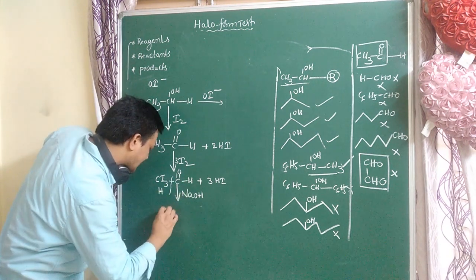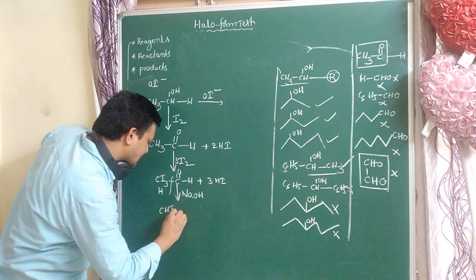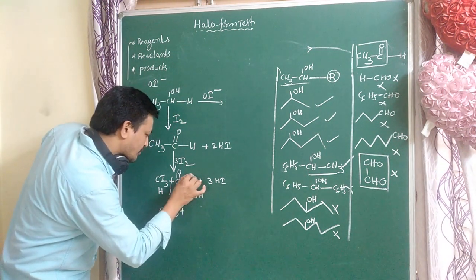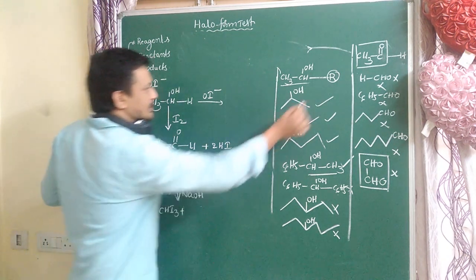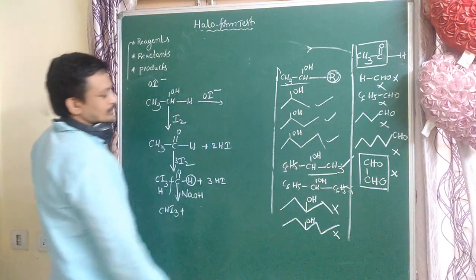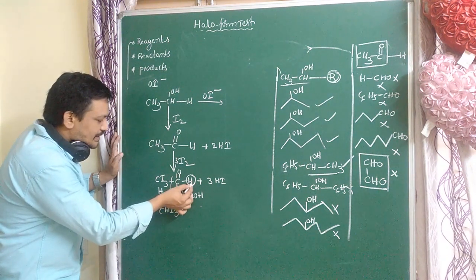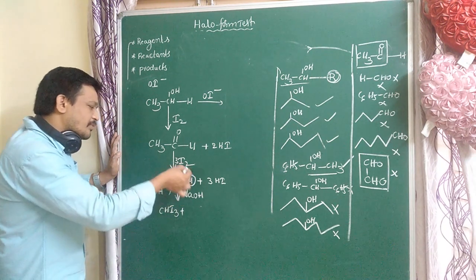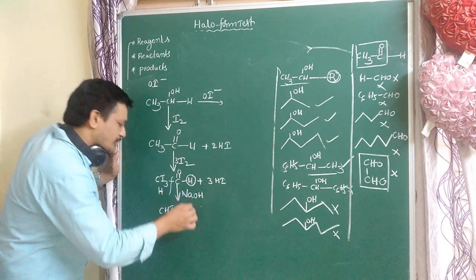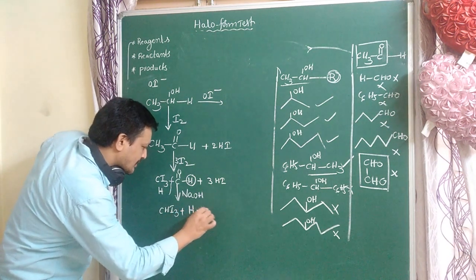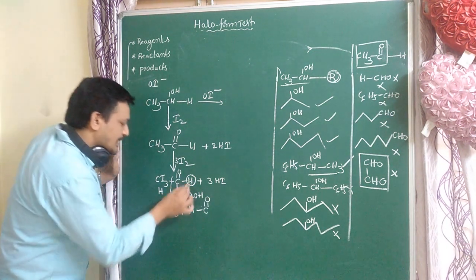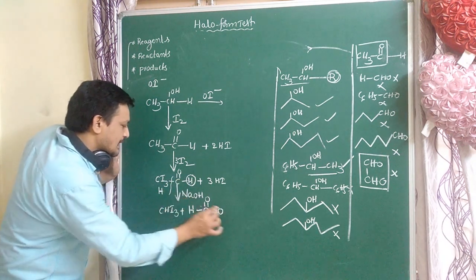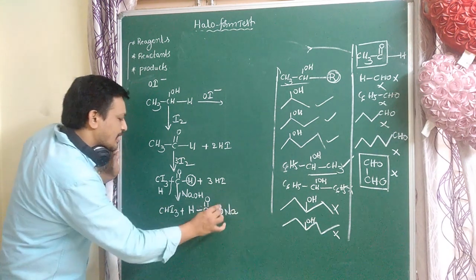So CHI3 plus the product. How do we identify the product, students? H and R group: here R is C6H5. What is the byproduct here? The byproduct is also very important: HCOO minus Na plus, where the ion is present.